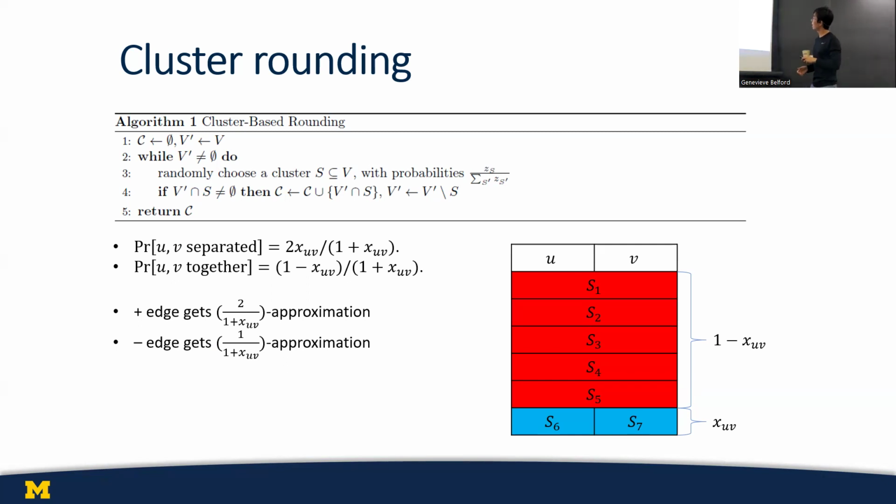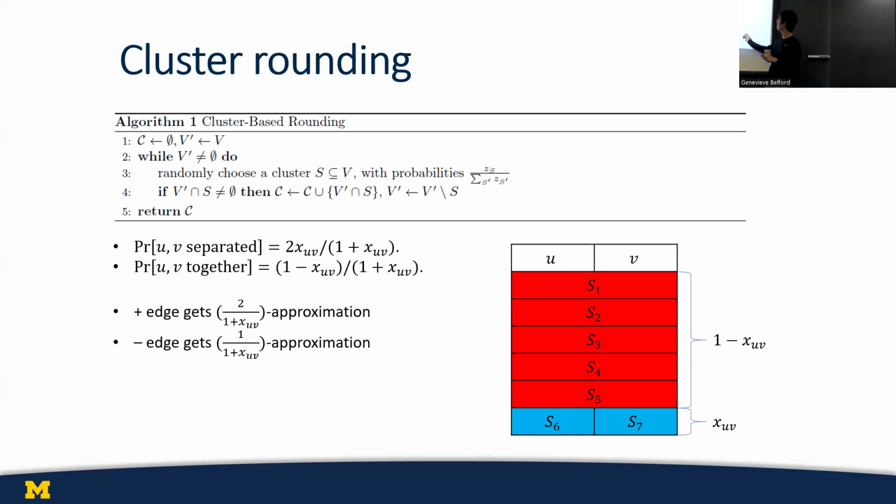And then S6 is a set that only contains U, not V. And S7 is the set that only contains V, not U, and there are some other variables. Then one can say that for V, the summation of Z values of S1, S2, S3, S4, S5, S7 must be 1, and for U, the summation of these sets must be 1. That's the interpretation of the picture here.